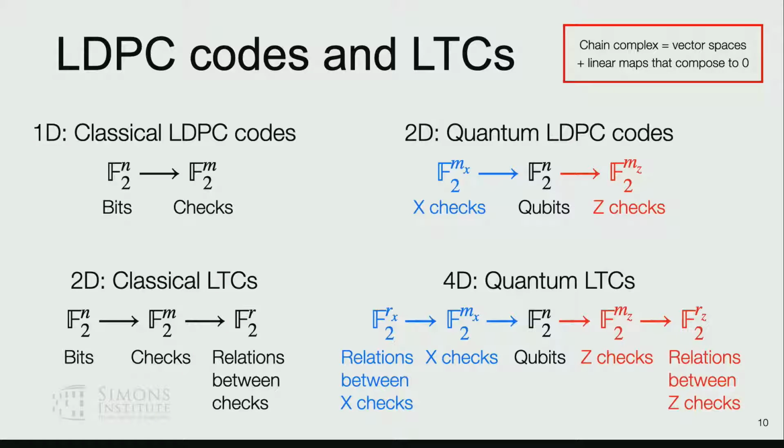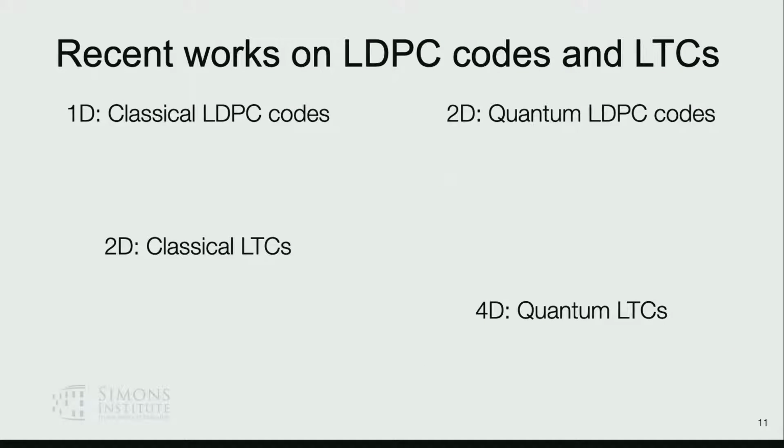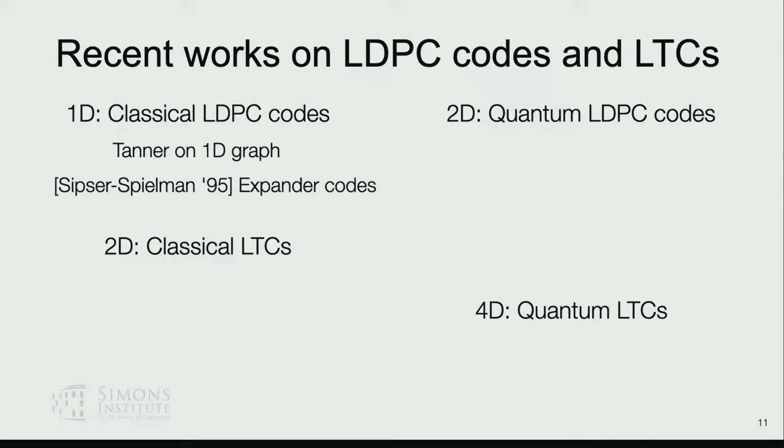For now, I just want to say that these quantum LTCs are really an extension of the constructions of quantum LDPC and classical LTC codes into a longer chain complex. So let's review these recent works. Classical LDPC codes were constructed by Sipser and Spielman as expander codes, which are Tanner codes built on a one-dimensional graph.